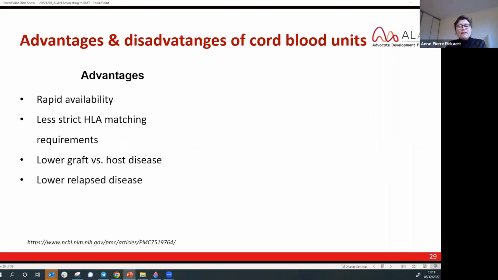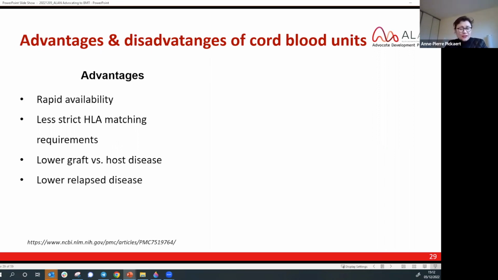The other thing is that they're not as strict. For the 10 out of 10 option, you need to match on 10 out of 10 criteria. But for cord blood units, you match on 6 out of 6, so 5 out of 6, 4 out of 6. This makes it easier to find a graft.